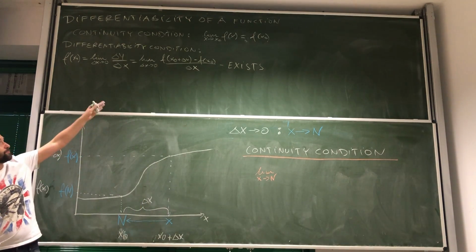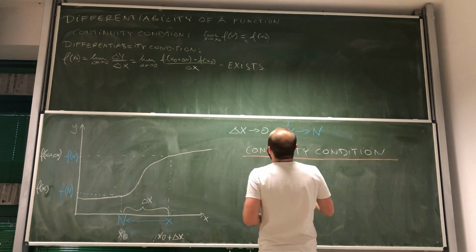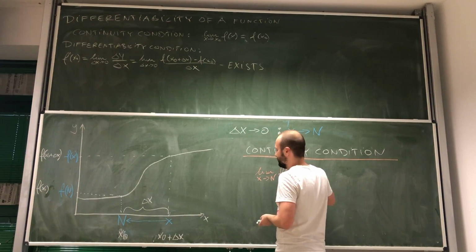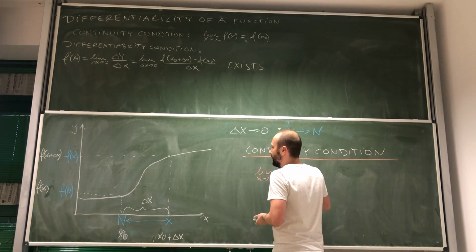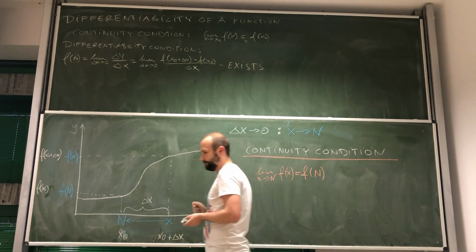Instead of x approaching some value x0, out of f of x is equal to f of n.